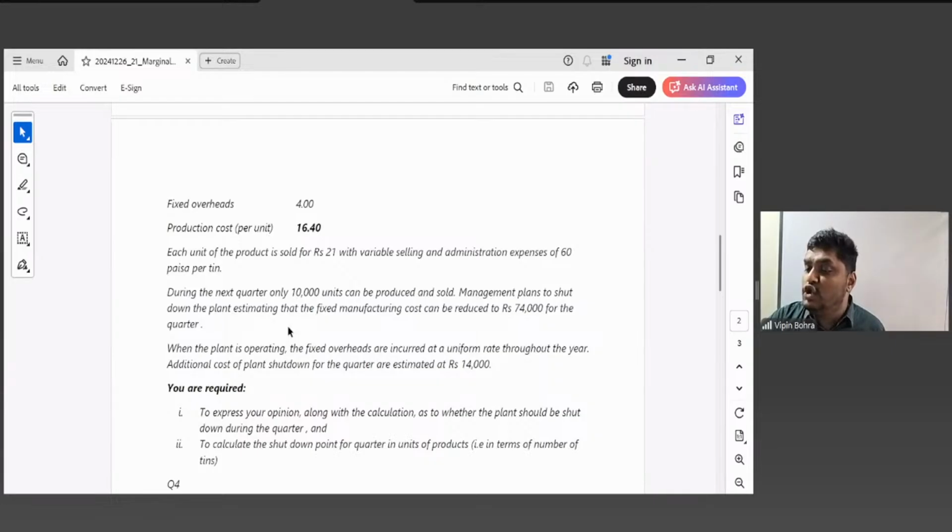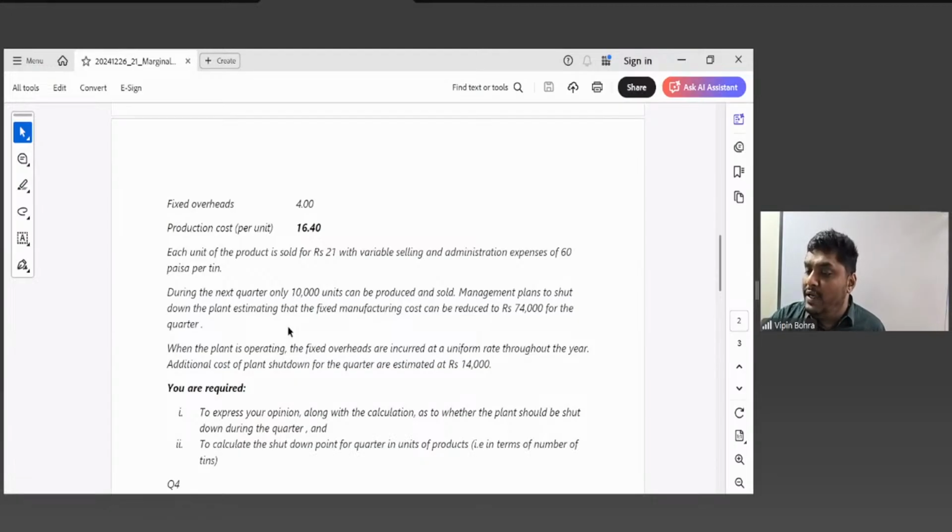Management plans to shut down the plant, estimating that the fixed manufacturing cost can be reduced to 74,000 for the quarter. When the plant is operating, the fixed overheads are incurred at a uniform rate throughout the year. Additional cost of plant shutdown for the quarter is estimated to be rupees 14,000.